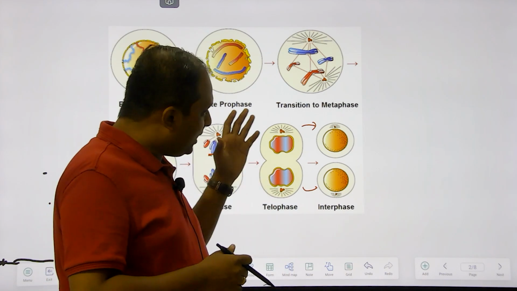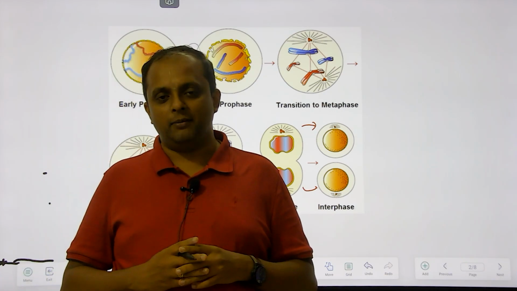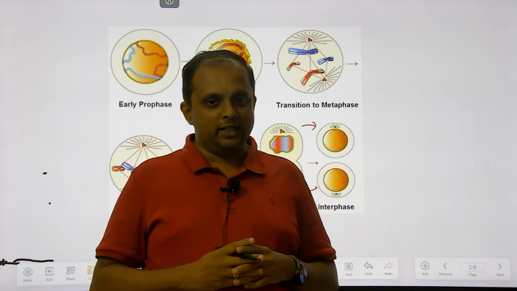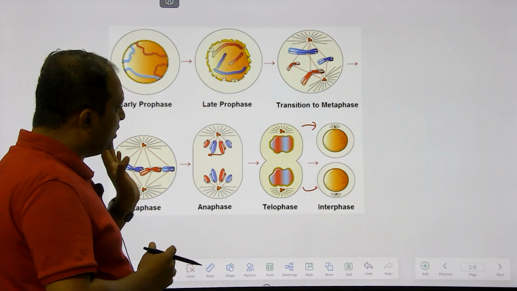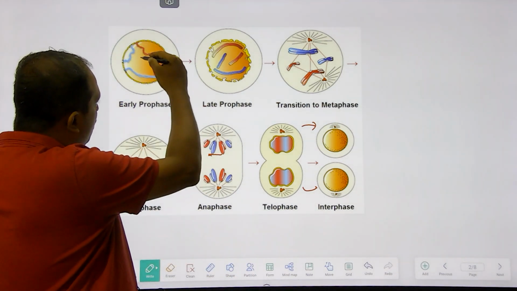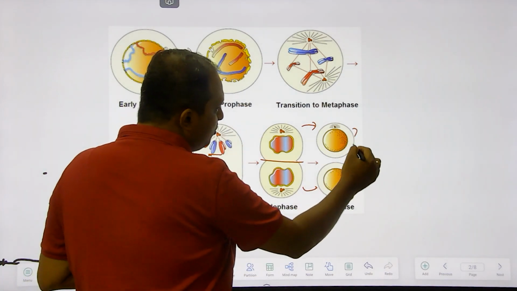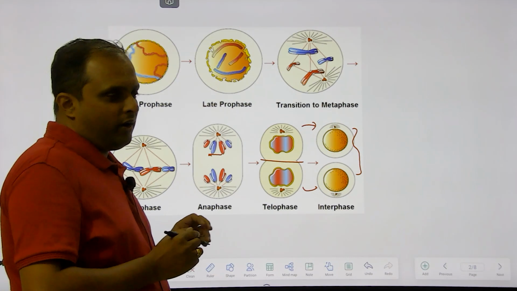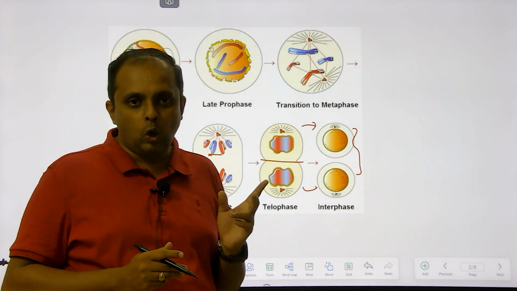Friends, I hope you get an overview of what happens in mitosis, right? So you could see that when you compare the parent cell, whatever chromosomal composition you see here, the same thing you should be able to see in both of the cells. There are two important outputs that you are supposed to note with respect to mitosis.